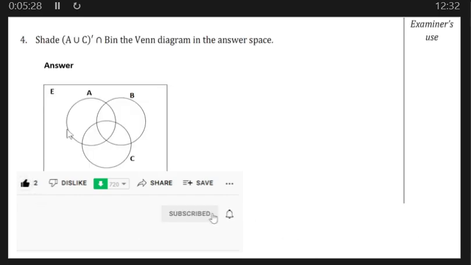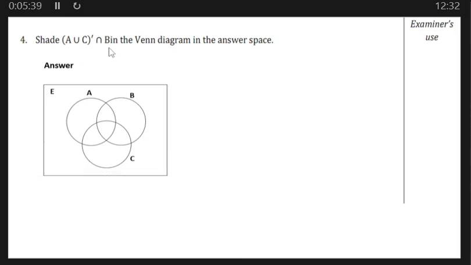Question 4 says shade (A union C) complement intersection B in the Venn diagram in the answer space. So we have this type of diagram here. Then they want us to shade the situation where we are told we have (A union C) complement.